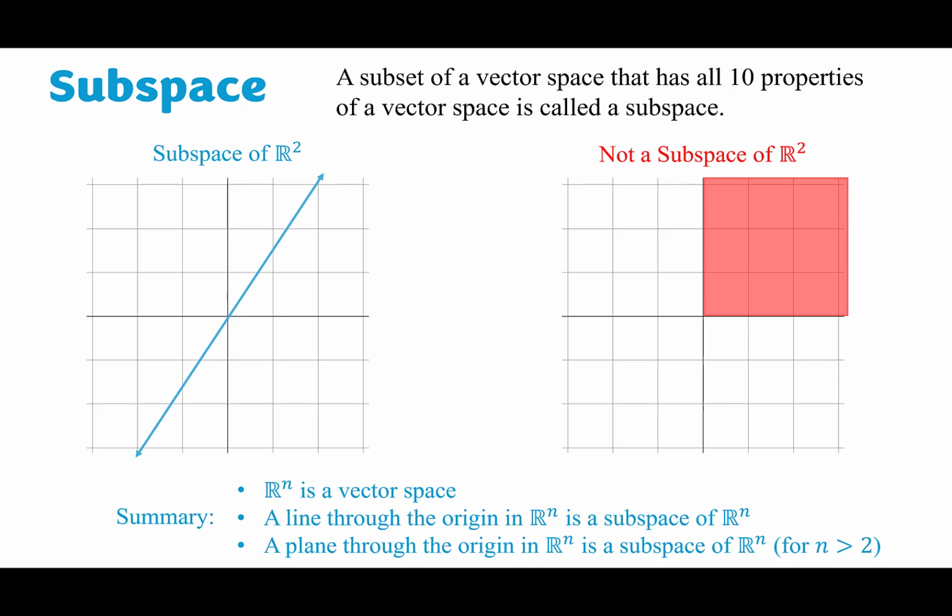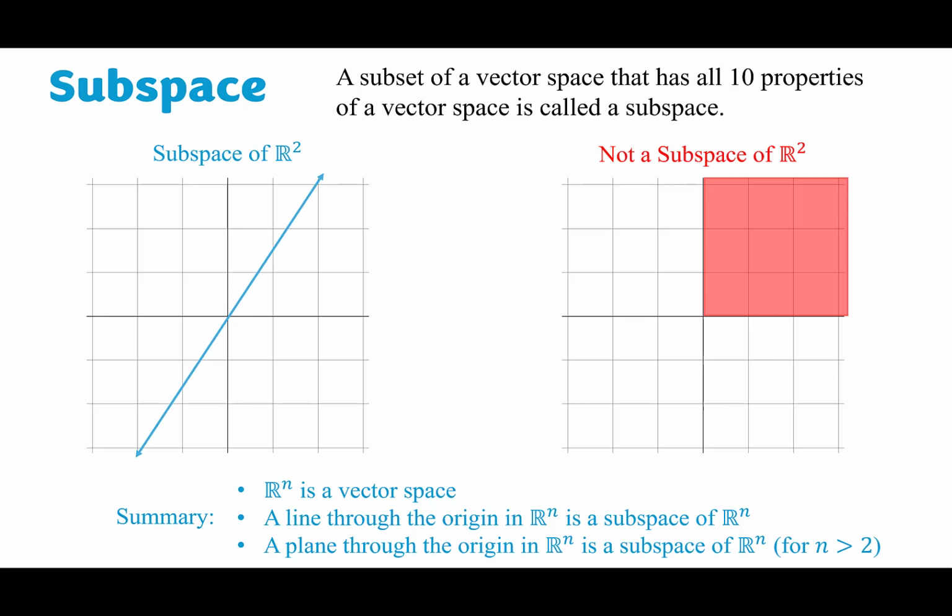Likewise, a plane going through the origin in Rn, as long as n is greater than 2, so you can actually have a plane being a subset of the n-dimensional space. A plane through the origin is a subspace, so it will satisfy all those 10 properties and be a subset of that vector space Rn. And you can think through those 10 properties, and with a plane going through the origin, it'll be just like a line going through the origin, right?